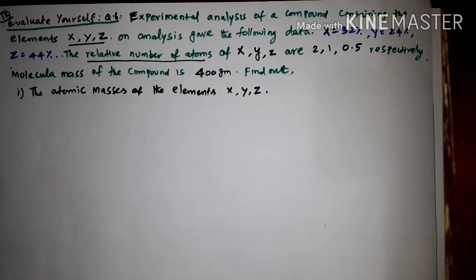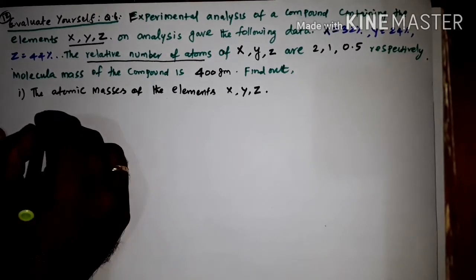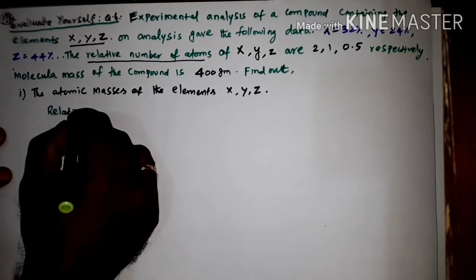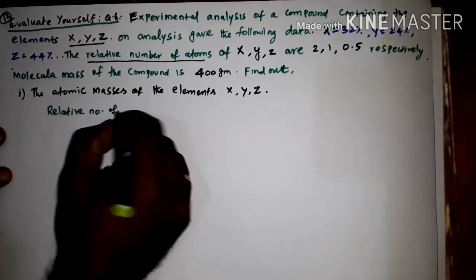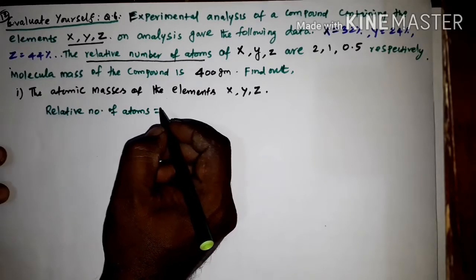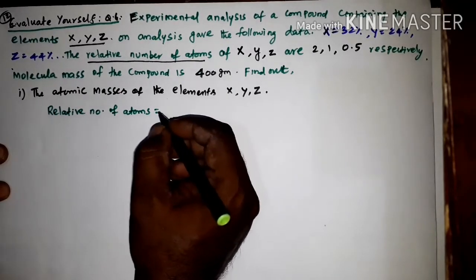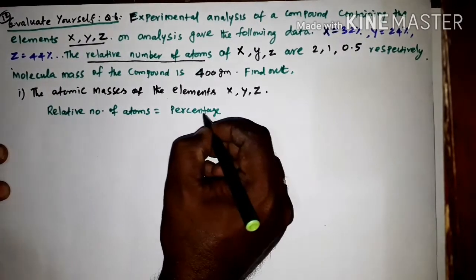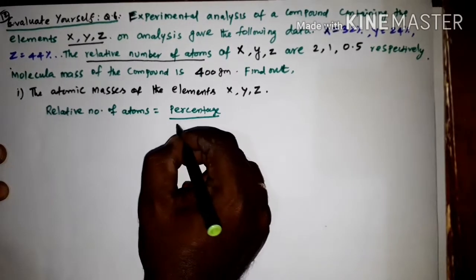So you are going to calculate the atomic masses of the elements X, Y, Z. To calculate the atomic masses, if the relative number of atoms is given, the formula of relative number of atoms equals, so note down this formula, so use a notebook while watching the video, percentage divided by atomic mass.